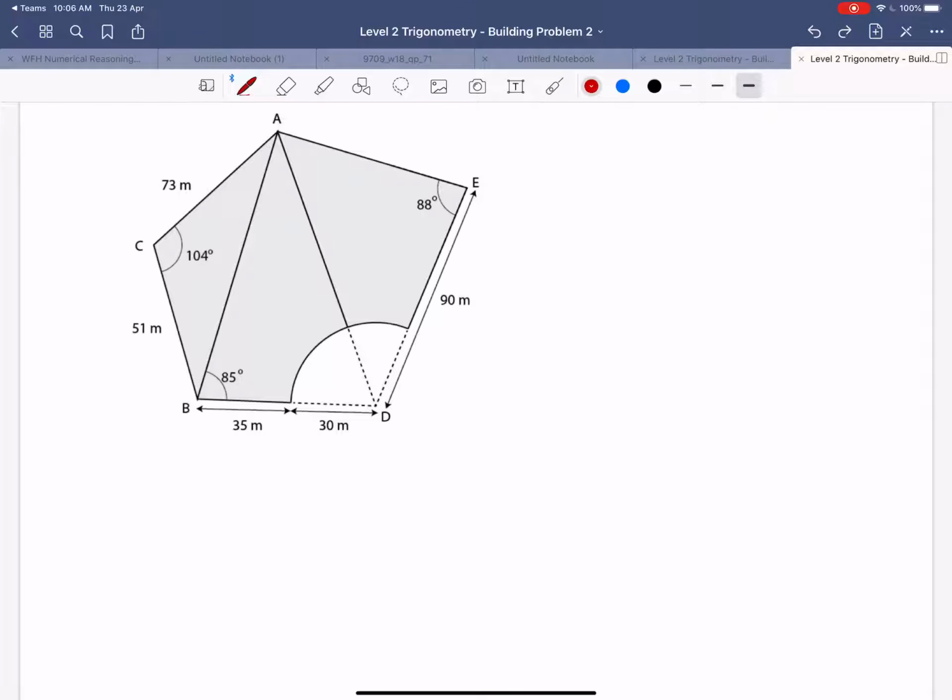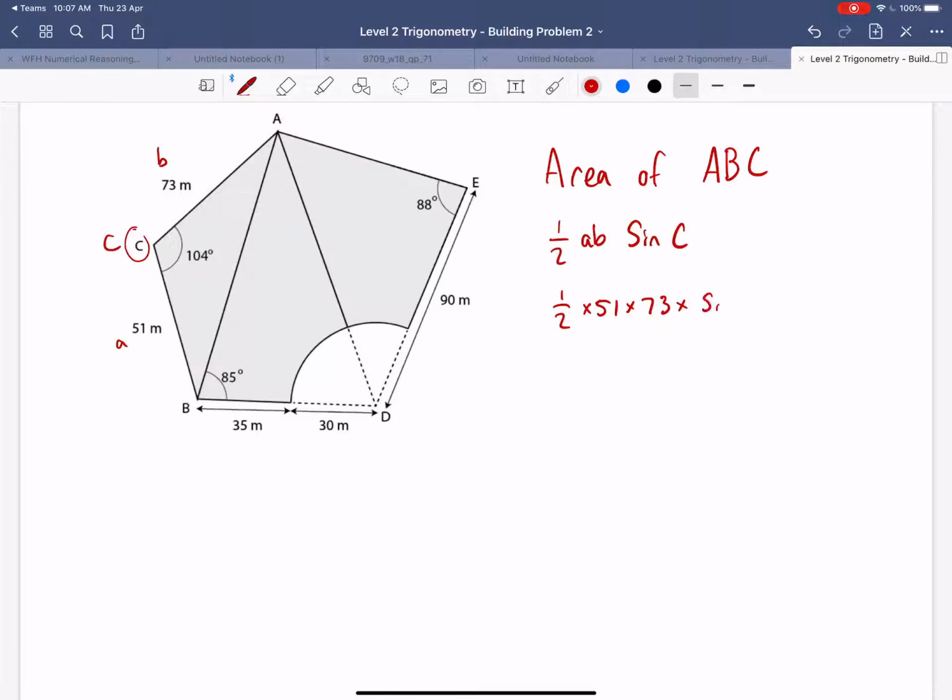So area of ABC. That's using the area of a triangle formula, which is a half AB sine C, where you say that the angle between the 2 sides is C, and there's 2 sides next to the angle at A and B. So my area of ABC is half times 51 times 73 times sine 104.